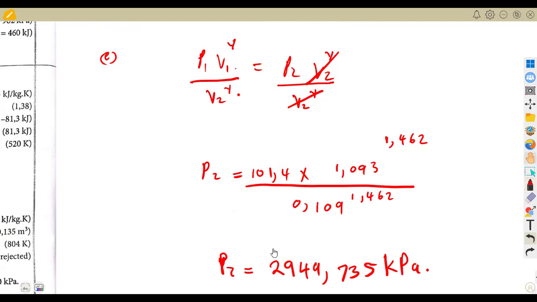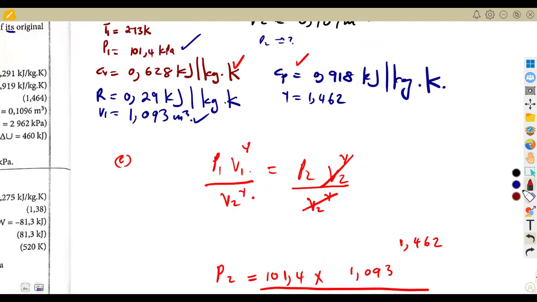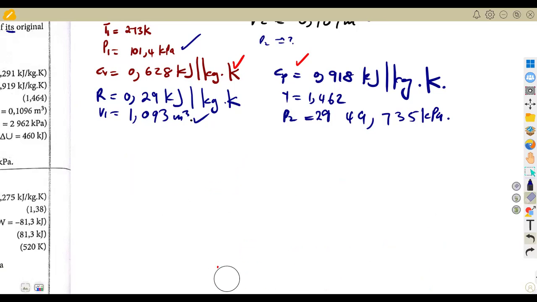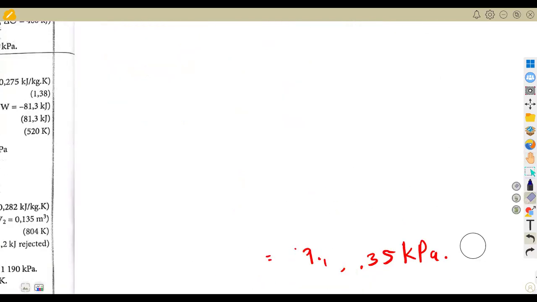So we have P2 there. Just in case we might need this value later, remember, P2 is 2,949,735 kilopascal.